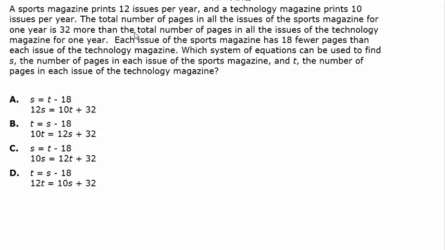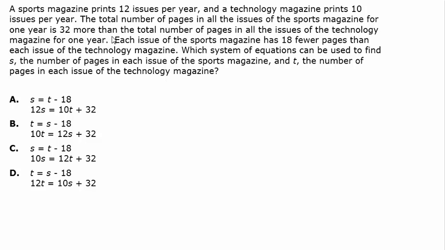So for this particular problem, it says a sports magazine prints 12 issues per year and a technology magazine prints 10 issues per year. So we've got a couple magazines, 12 for sports, 10 for technology. The total number of pages in all the issues of the sports magazine for 1 year is 32 more than the total number of pages in all the issues of the technology magazine for 1 year.